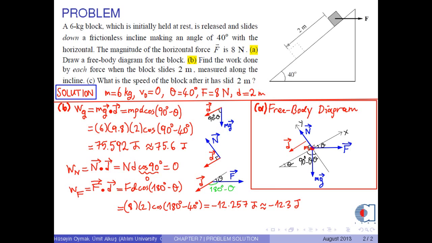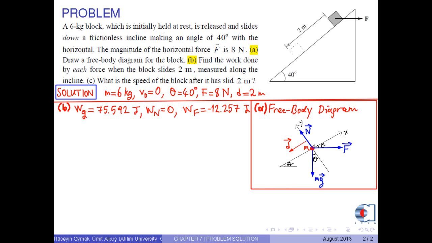Okay, these are the works done by each force. As a conclusion, we can say that work can be negative, positive, and also 0.